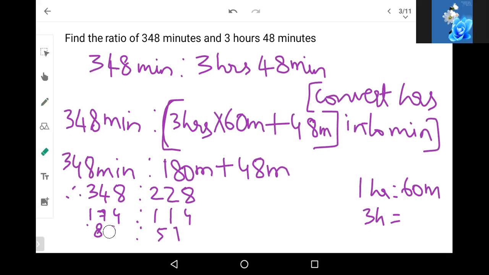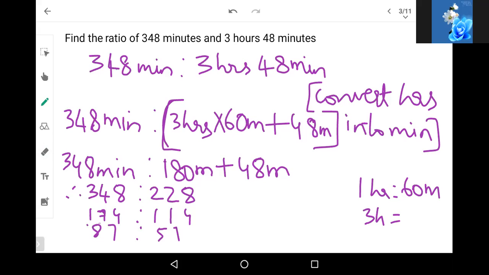This should be 87. 2 8s are 16, 1 carry, and then 7. Yes, 87 is to 57. Even further you can reduce, check where you will get the value. 29 is to 19. Yes, correct.